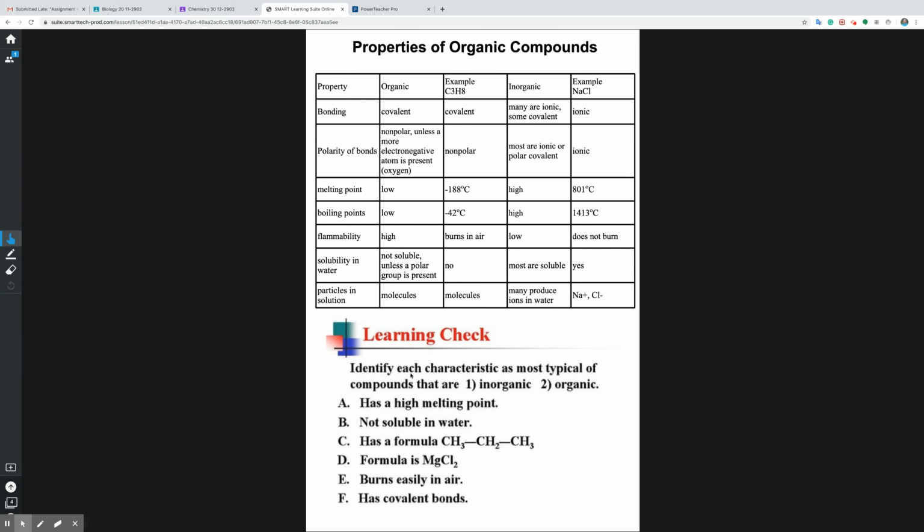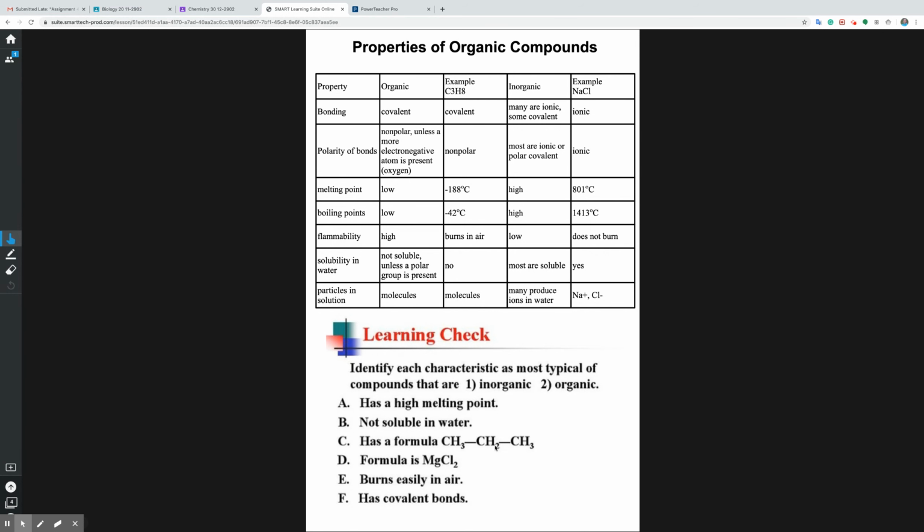Okay, a learning check: some different things you should be able to label, like is it organic or inorganic? Does it have a high melting point? That would be inorganic. If it's not soluble in water, overall that's organic. Has the formula CH3CH2CH3, so this would be organic.